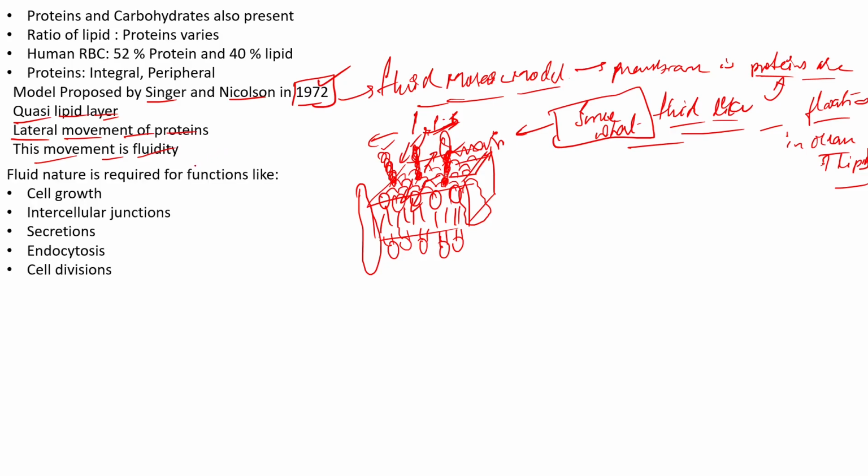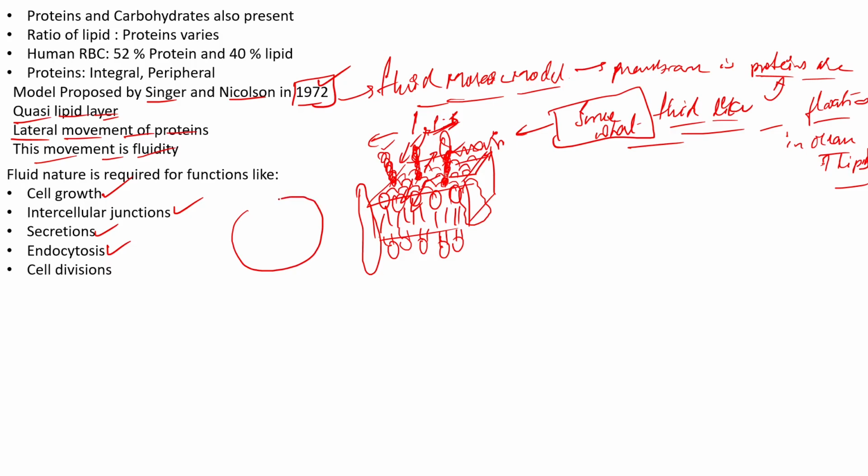I hope so. Now, the fluid nature is mainly required for functions such as cellular growth and intracellular junctions. Don't worry about this, we'll study it in the structural organization chapter of animals. The next one is secretions, that is the release of products. One more is endocytosis. What do you mean by endocytosis?